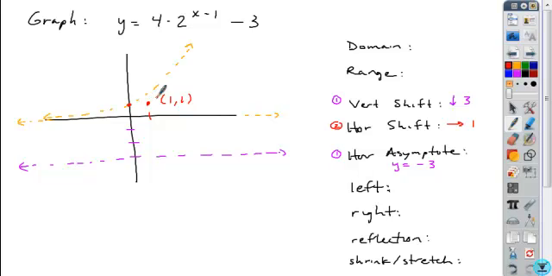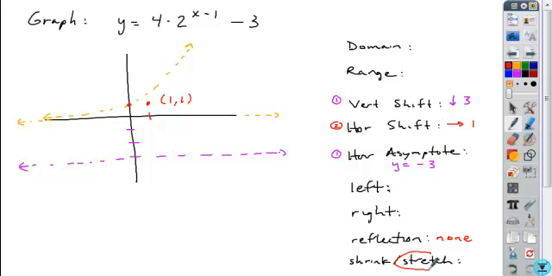Okay. So when you look at this, our graph has a multiplier of 4. So is it going to be reflected at all? No. So there's no reflection. And since this multiplier is a 4, is this going to represent the shrinking or stretching of the graph?